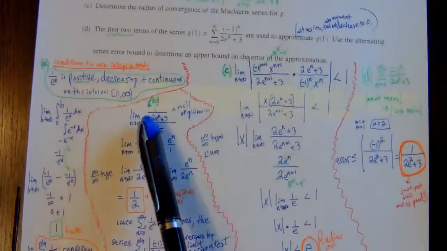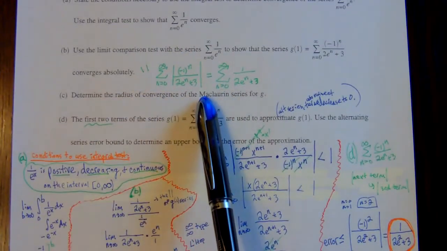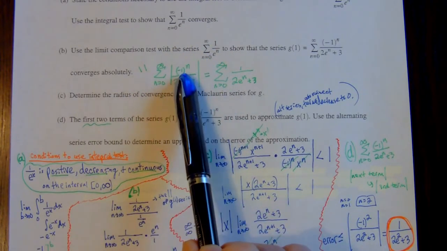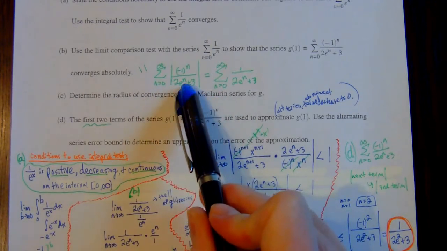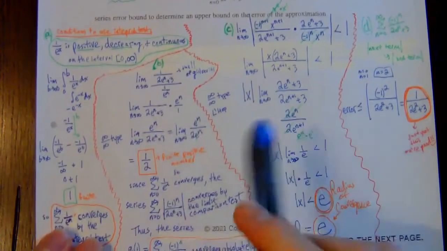So I could start out this limit comparison test using the absolute value notation, or I can just realize the absolute value notation is making that -1 to the n disappear, just like when we first learned the ratio test. It's just going to make that disappear. I read through the rubric, so I'm going to use a limit comparison test.